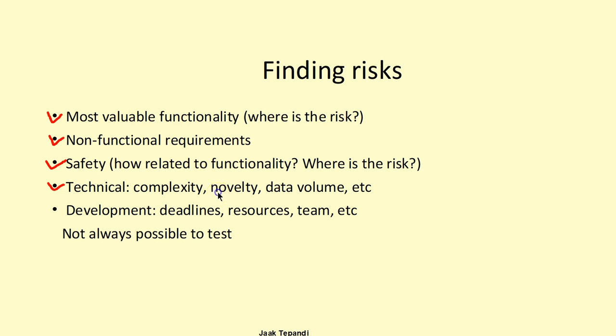Novelty of an application or environment, large data volumes are sources of risk, and so on. Development items: strict deadlines, scarce resources, a new team that has not worked together. Many such things provide places where to search for and find risks.